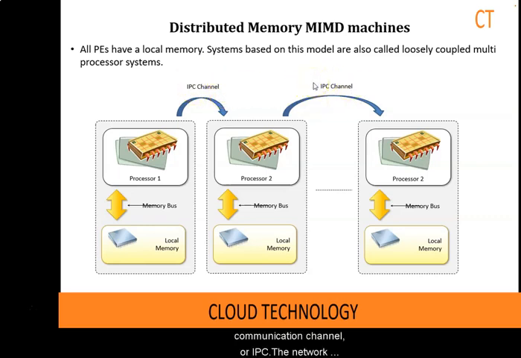The network connecting processing elements can be configured as tree, mesh, cube, and so on. Each processing element operates asynchronously, and if communication or synchronization among tasks is necessary, they can do so by exchanging messages between them.